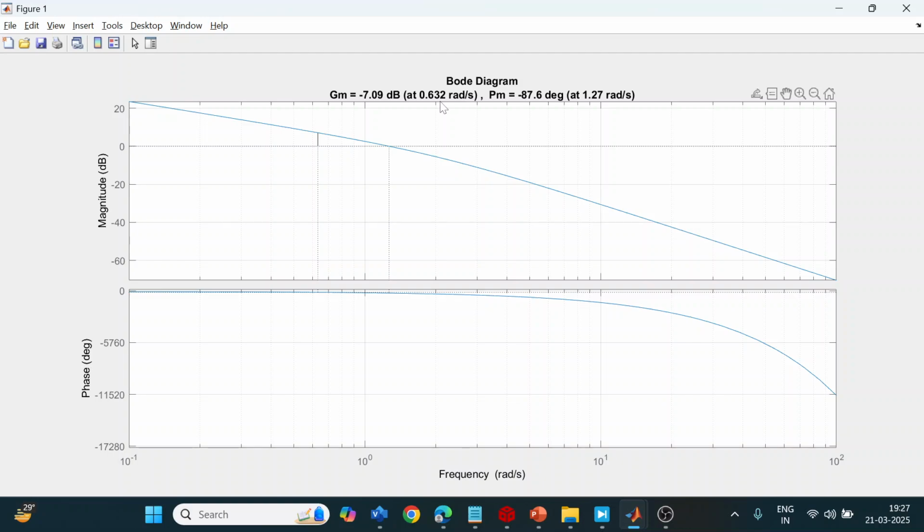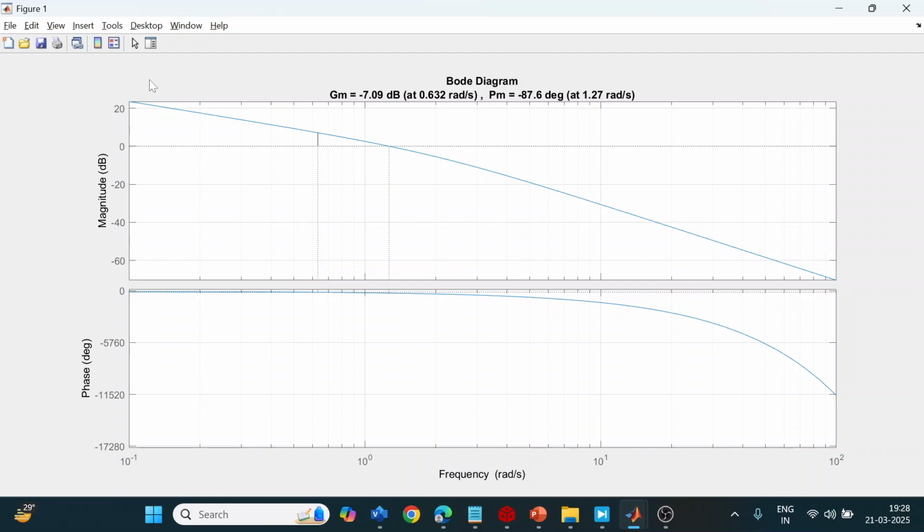Omega pc is the phase crossover frequency. If you equate the angle of the transfer function to minus 180, you will get the corresponding omega at 0.632 radian per second. You can solve it using a calculator and check it. So this is one way you can find the gain margin and phase margin from the Bode plot analysis.